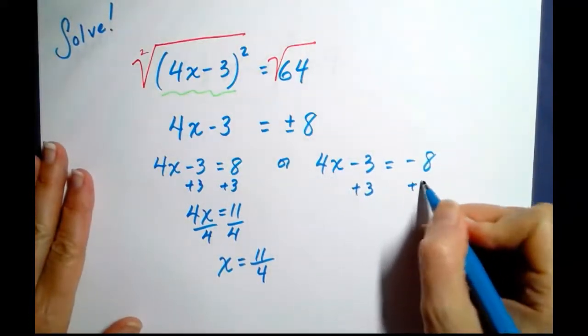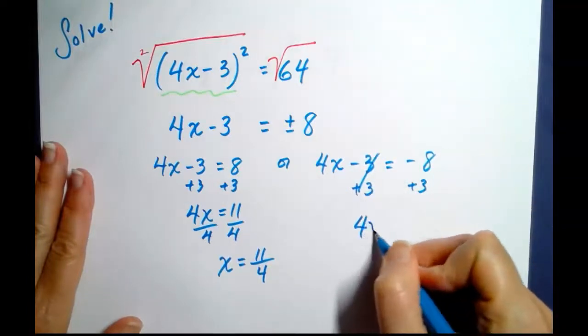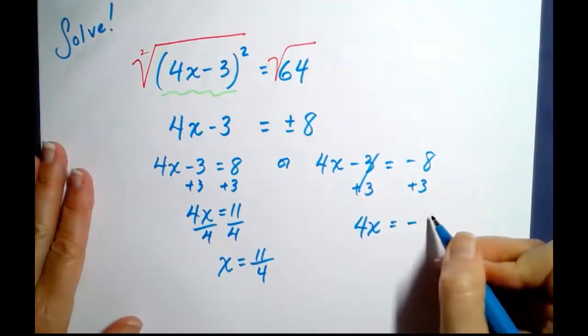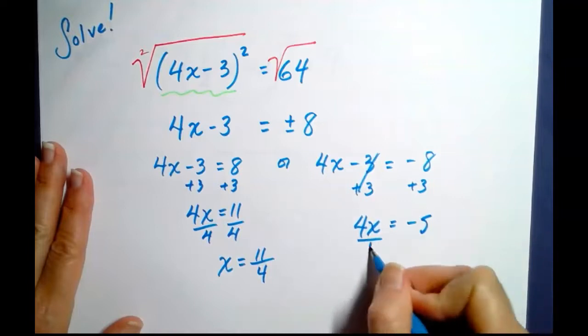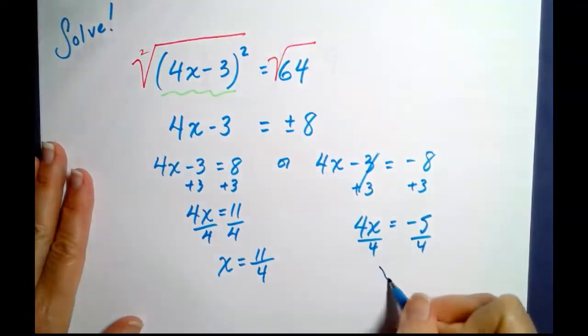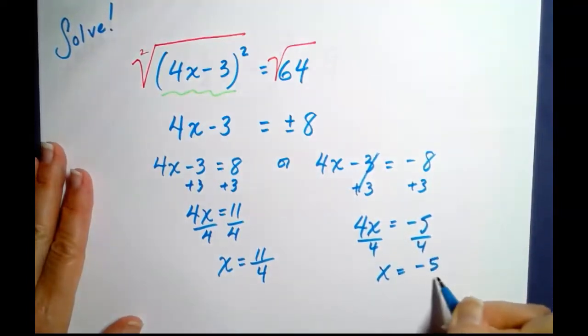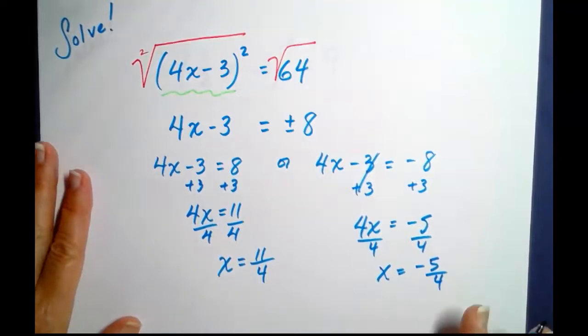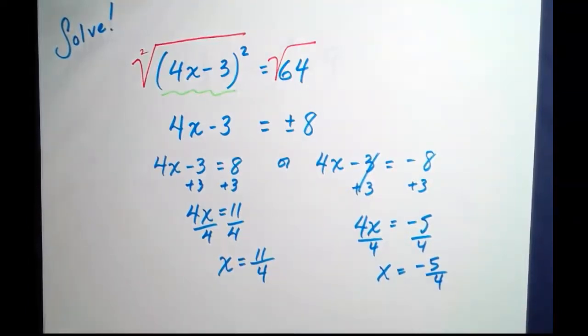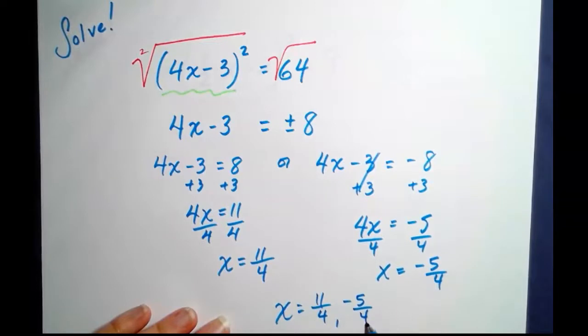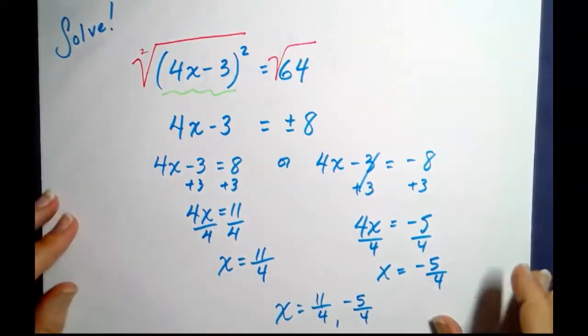Plus 3, 4x equals negative 5. Divide by 4, divide by 4, x equals negative 5 fourths. Again, fraction, no problem, just leave it. Our solution set contains 11 fourths and negative 5 fourths.